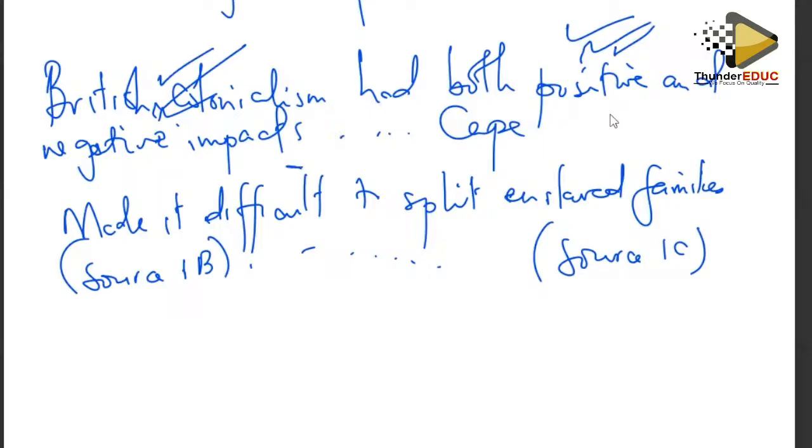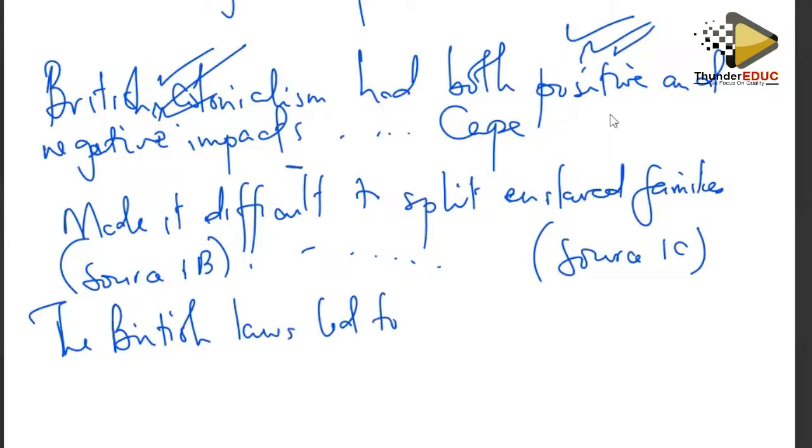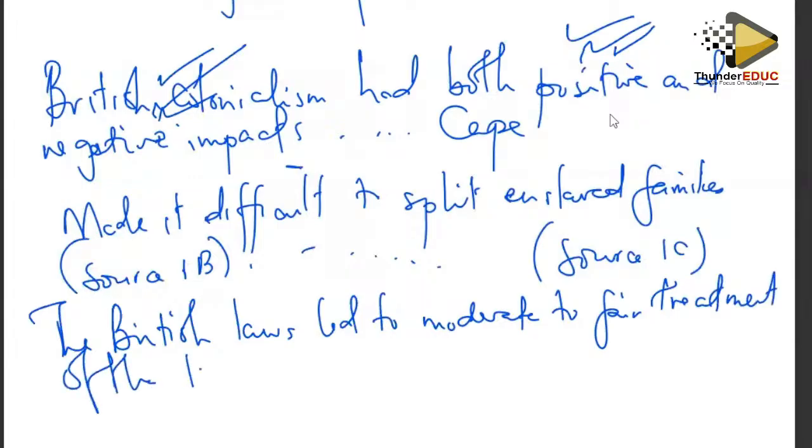Like you are saying, the British laws led to moderate to fair treatment of the Khoi and slaves. This is positive.